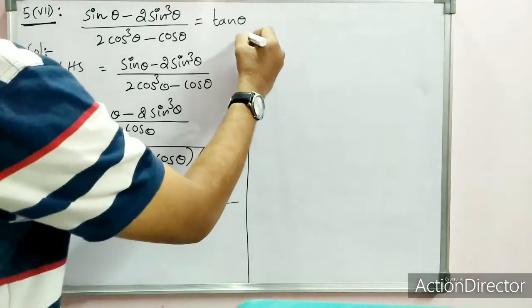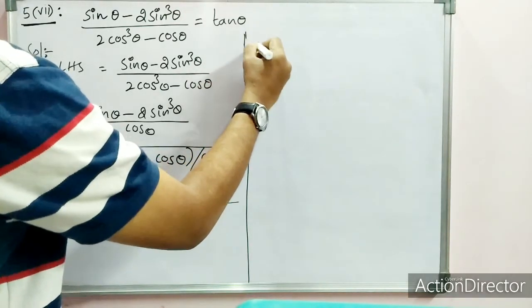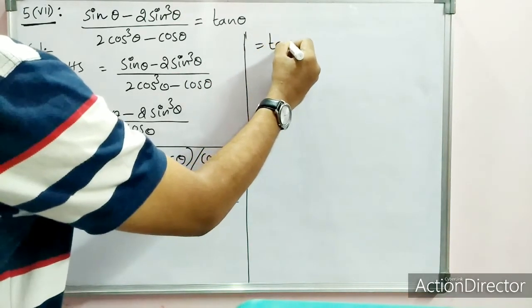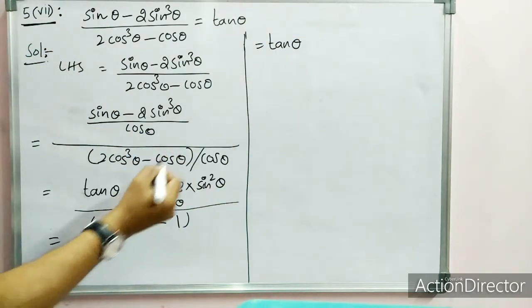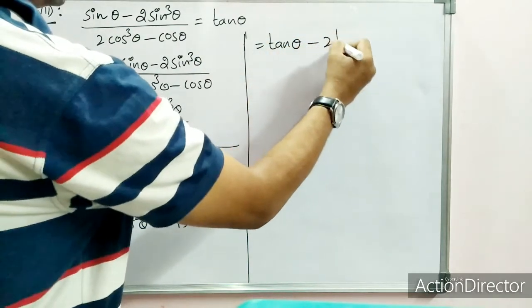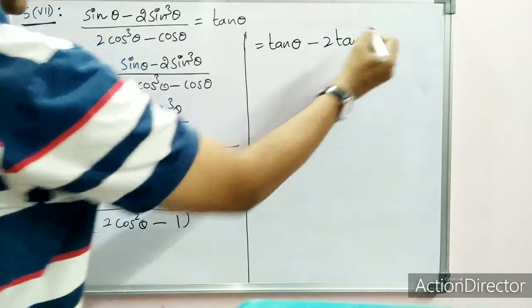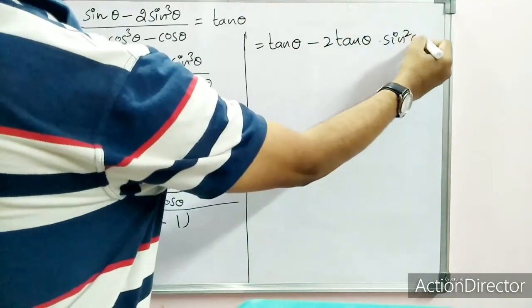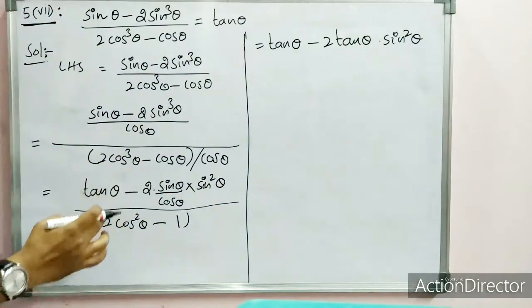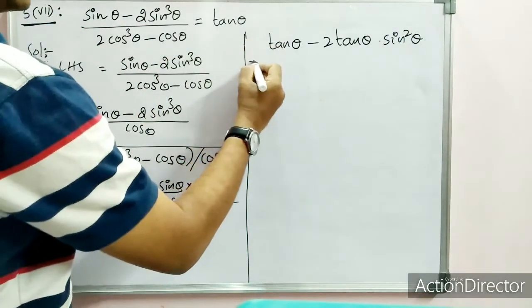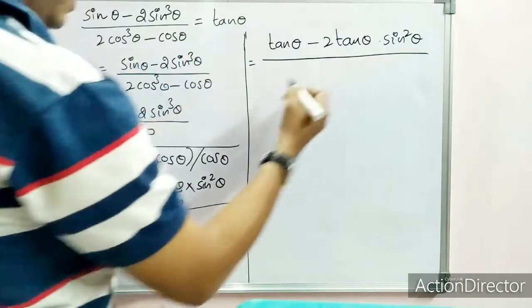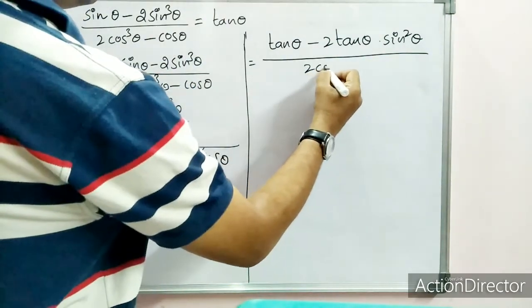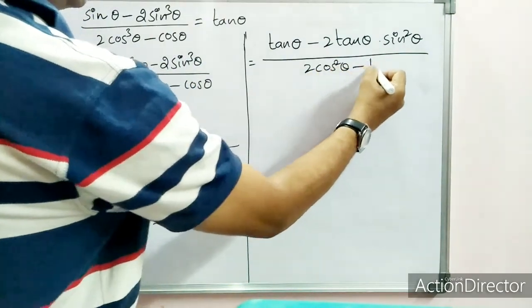Tan theta minus 2 tan theta into sine square theta. This is the numerator part, and the denominator part is as it is, there is no change: 2 cos square theta minus 1.